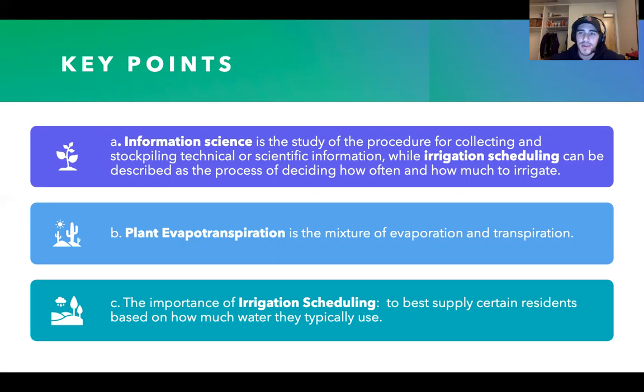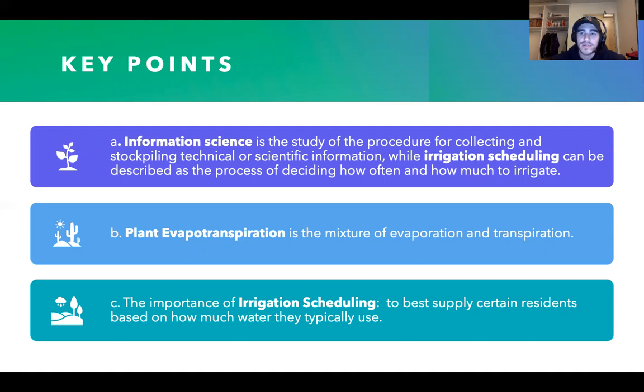So my second point was just to reference an important vocab word that is included in my paper, and that is plant evapotranspiration. It is the mixture of evaporation and transpiration. Third of all, it is important to realize what irrigation scheduling is.